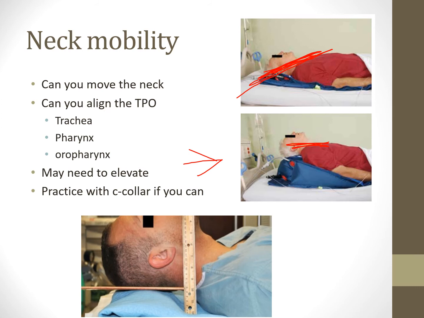If it's below, like you see in this top picture here, then it's going to make the airway very anterior and make it harder to view the structures and harder to intubate. So if you are able to do something like roll a towel under their scapulas or roll a towel under their head, or like this, they have this special pillow here in the OR.